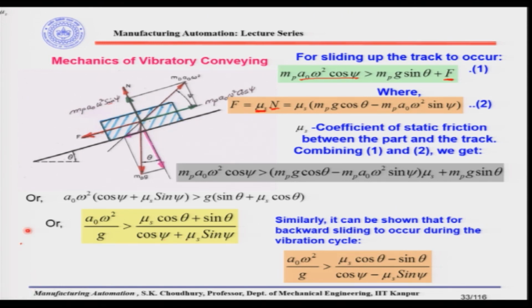These conditions have to be satisfied either for the part to go up the track or for the part to slide down the track. Why is it so important?